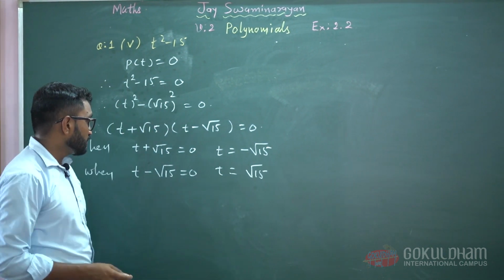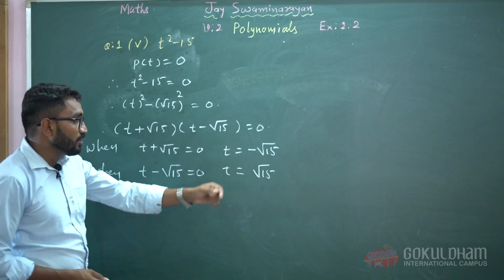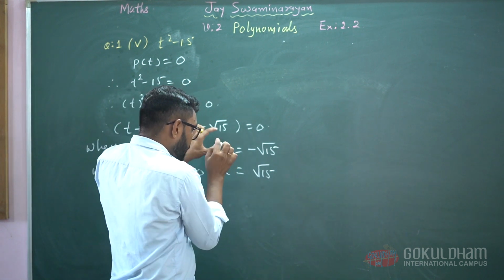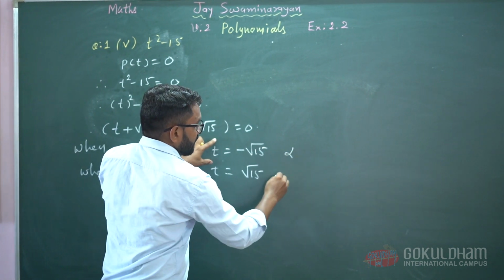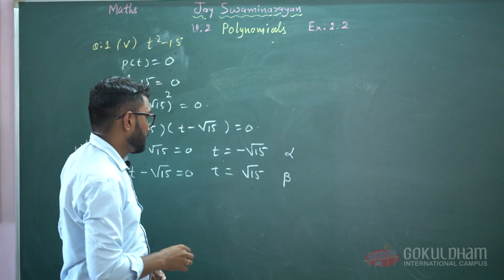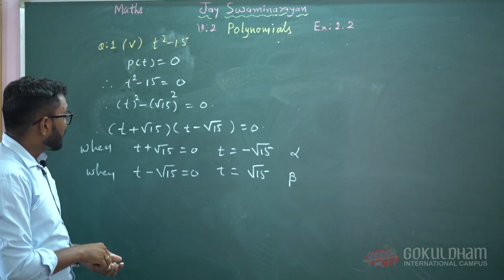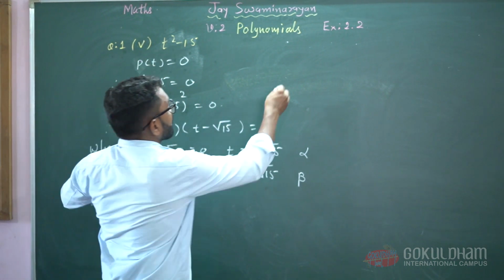This one is positive. So these are our values of t, one is alpha and the other is beta. Now compare our equation.